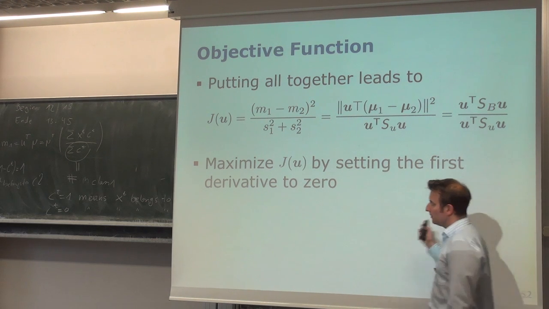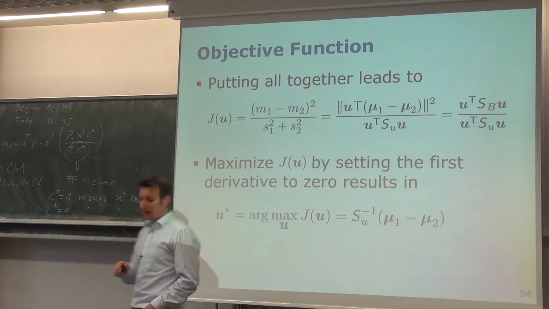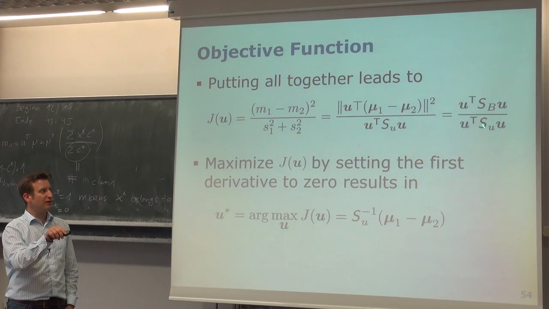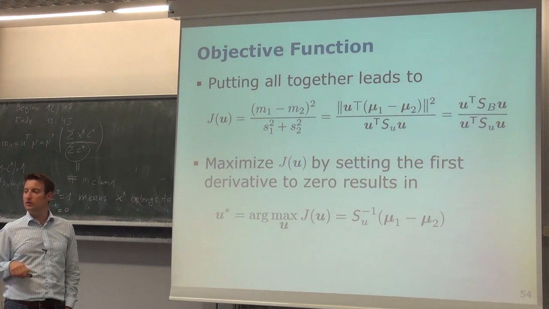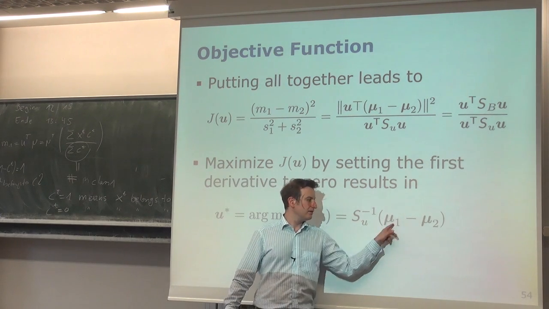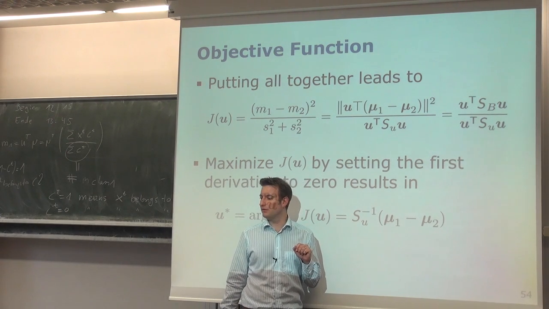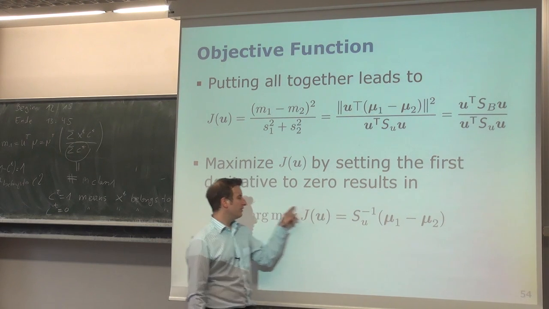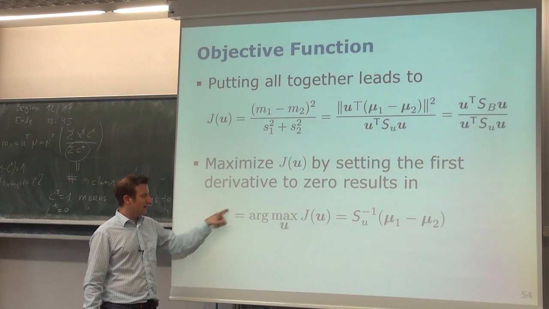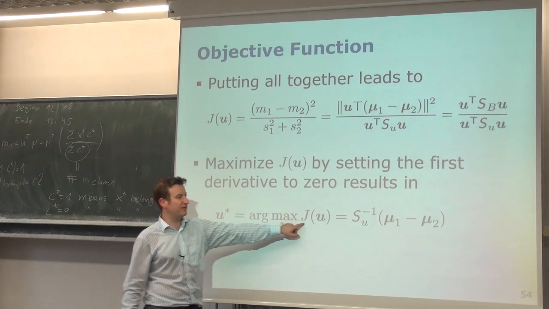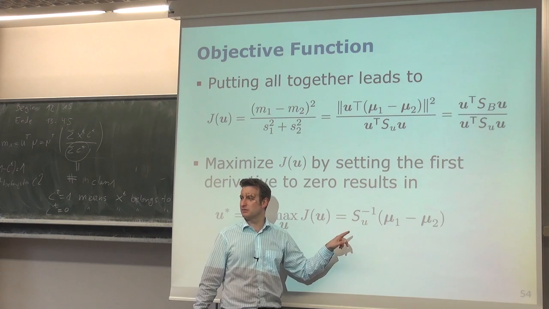You can do that without going into the details, saying the value that maximizes u is the inverse of the total within scatter matrix times the difference of the original means, how far they are away from each other. So if I'm finding the optimal dimension that I want to have, my u, the u which maximizes this function is exactly given by this expression.